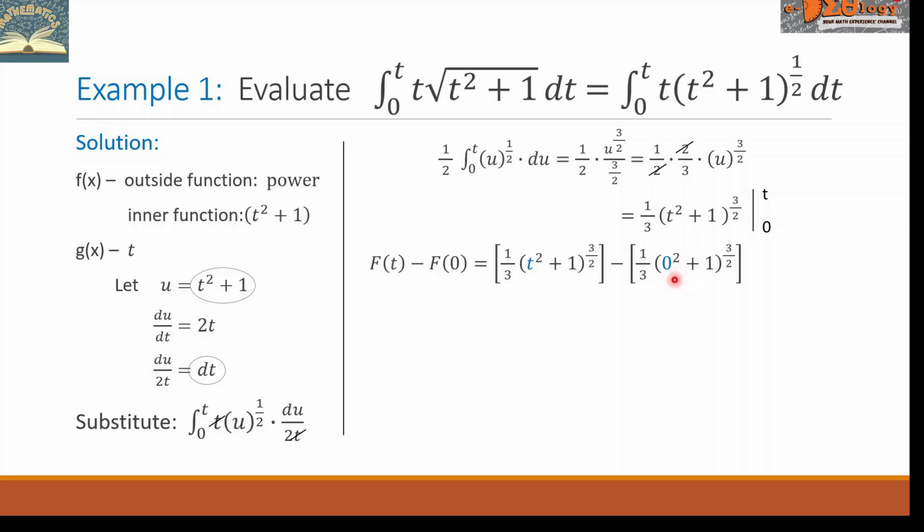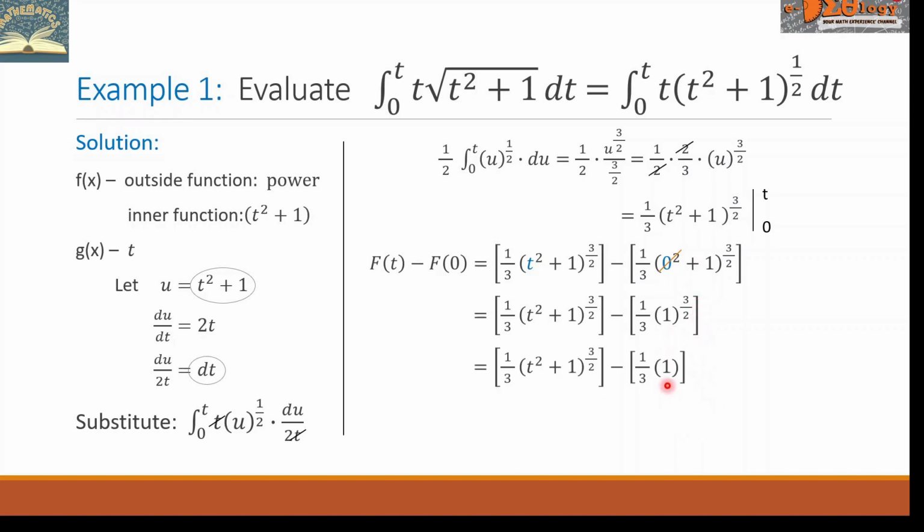This 0 squared is simply 0. So we can remove this 0. Only 1 remains here. And this 1 raised to 3 over 2 is simply 1. We have here two groups and there is a common number. That is 1/3. So bring it out. We have now this t squared plus 1 raised to 3/2 minus 1.